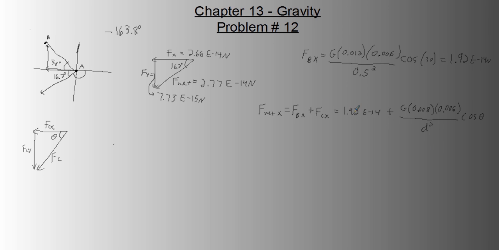So two unknowns. And by the way, the F net x is right here, so that's going to do that.